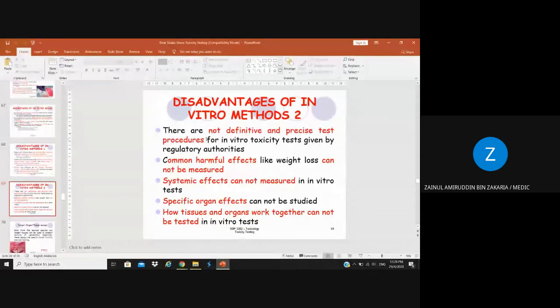We have a hot condition, so whatever condition they use in the lab, for example, a 42-degree temperature to maintain the cell, you cannot use 42. It will affect your cell. So you have to adjust.